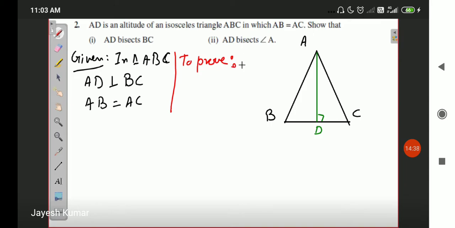We have to prove that AD bisects BC. We have to prove that BD length and DC length are both equal. And secondly, we have to prove that AD bisects angle A.